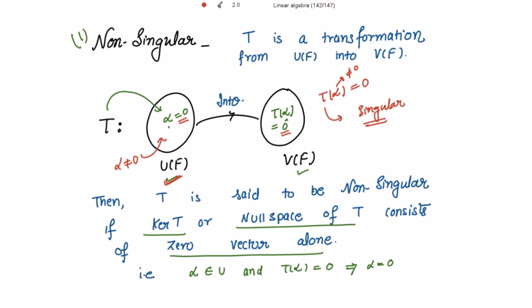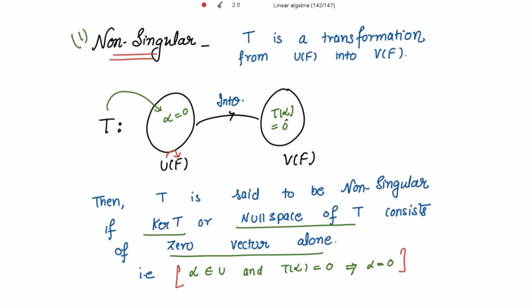U(F) means the vector space U over the field F, right? So the condition for the non-singular transformation is alpha belongs to U and T alpha equal to 0 implies alpha equal to 0.